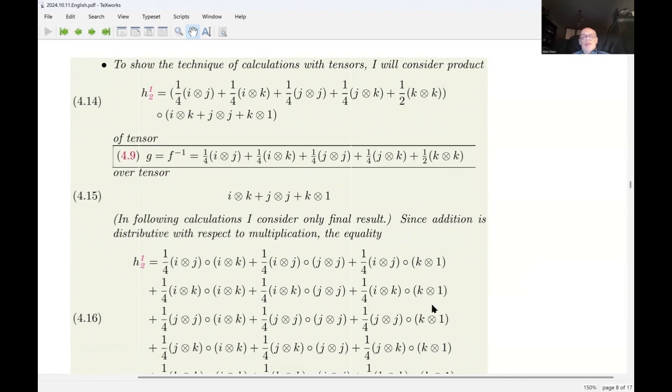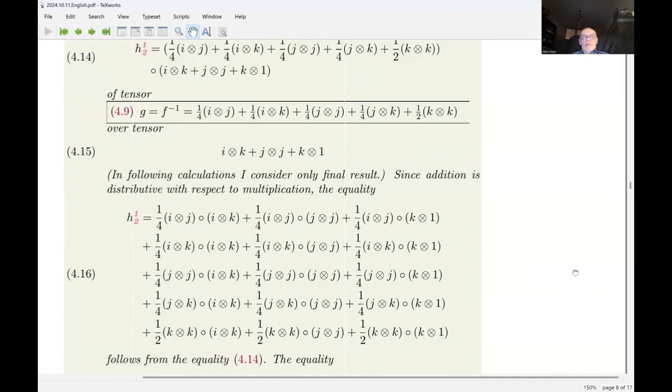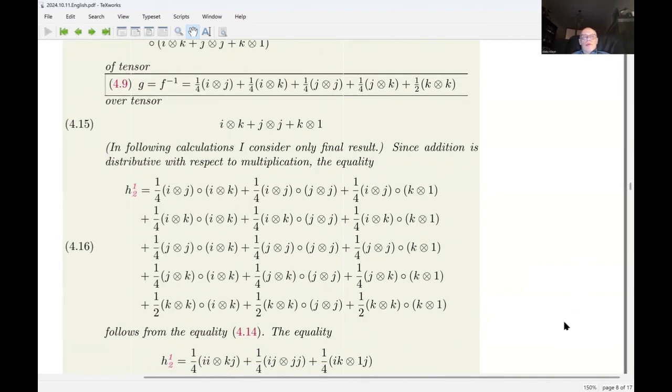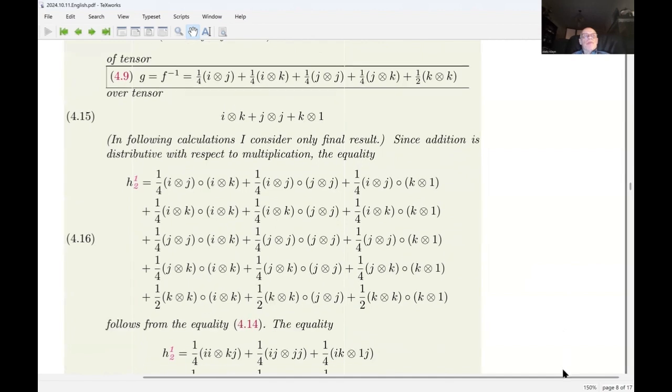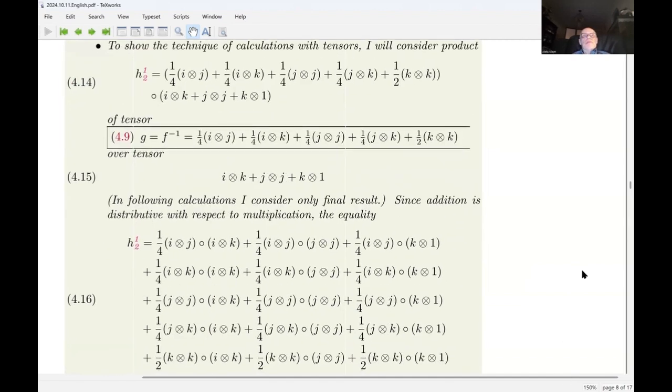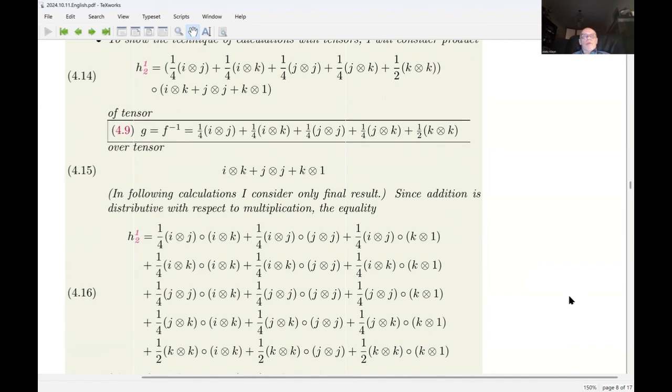Since addition is distributive with respect to multiplication, equality 4.16 follows from equality 4.14. I multiply each term in the first sum by each term in the second sum.